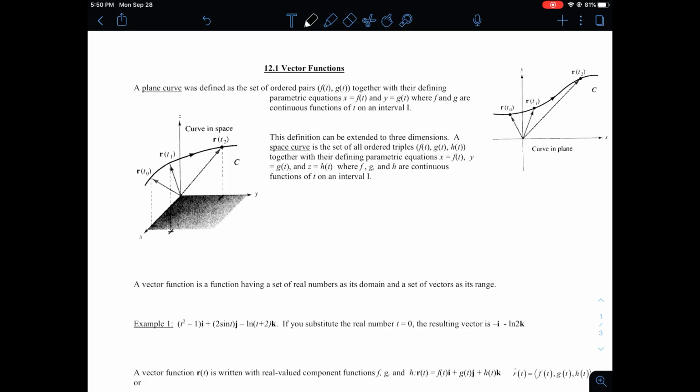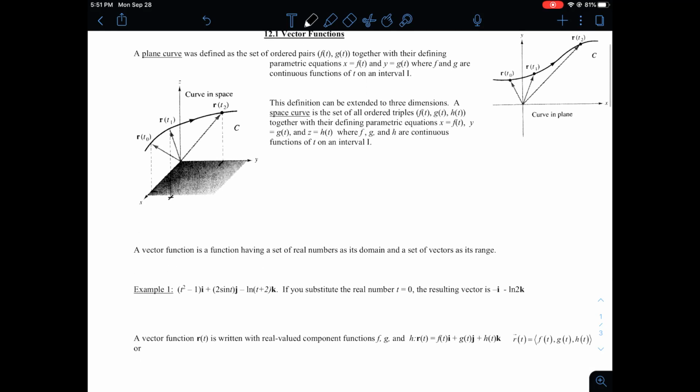So chapter 12 is going to be about vector functions, and we have already dealt with vector functions a little bit, in the simplest form as a line in space. A line in the three-dimensional field can be represented as a vector. It's the vector form of a line, right?